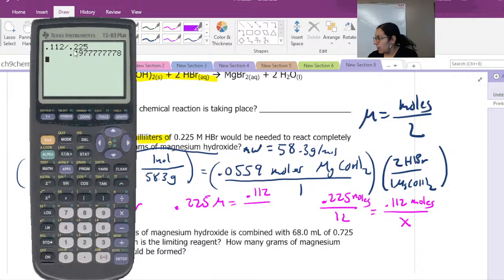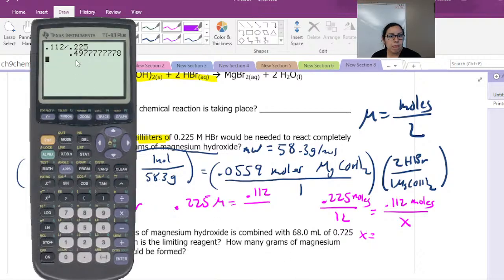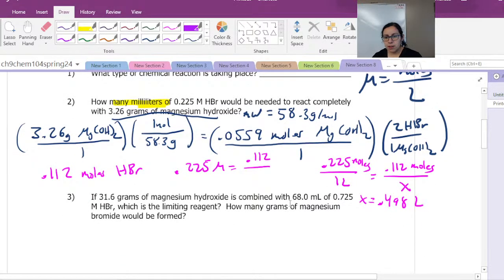Remember the answer is going to be in liters. So X is 0.498 liters, but it's asking for milliliters, so about 498 milliliters.